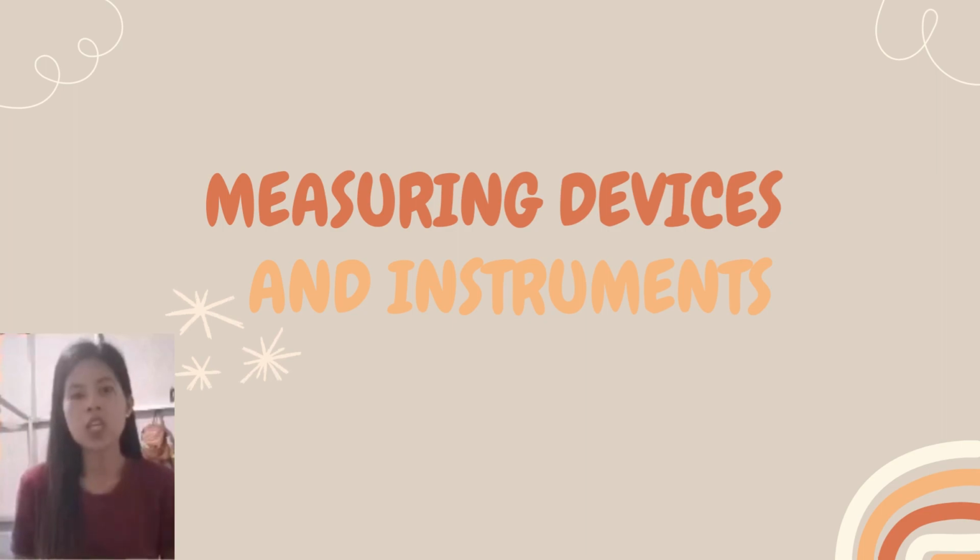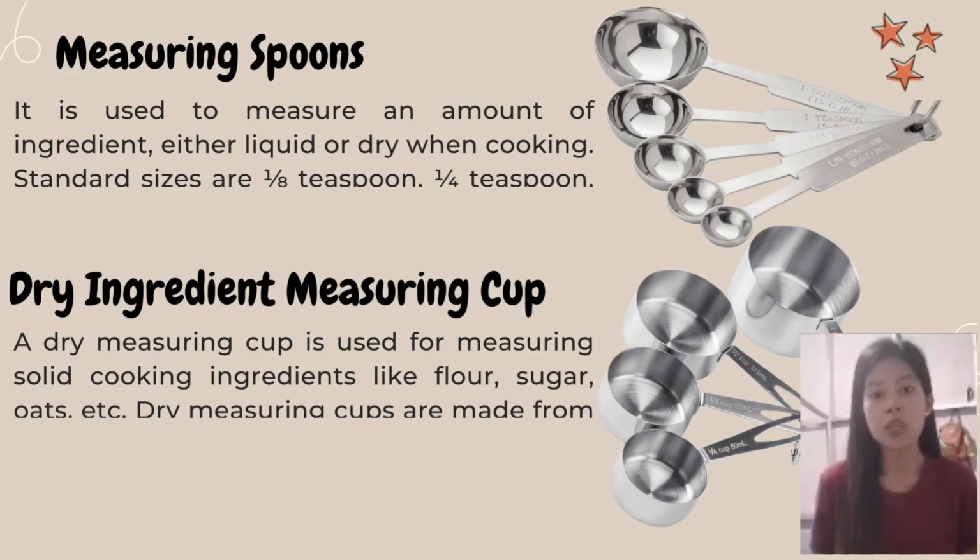or food industry. So number one is the measuring spoons. What are measuring spoons? Measuring spoons are used to measure an amount of ingredients, either liquid or dry, when cooking. They have standard sizes: 1/8 teaspoon, 1/4 teaspoon, 1/2 teaspoon, 1 teaspoon, and 1 tablespoon.